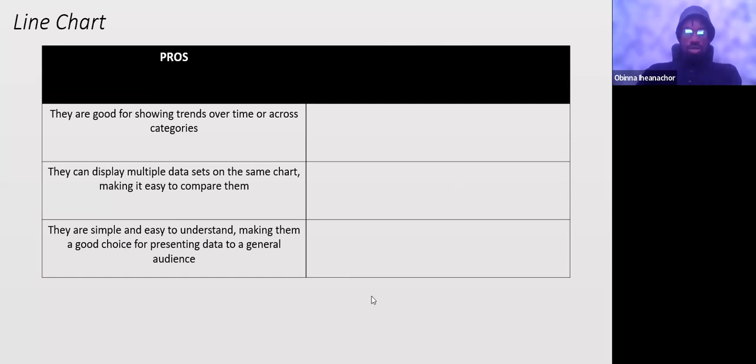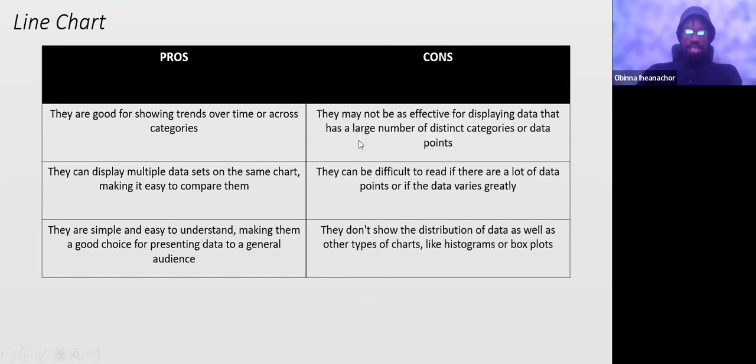And the cons: they may not be as effective for displaying data that has a large number of distinct categories or data points. Also, they can be difficult to read if there are a lot of data points.